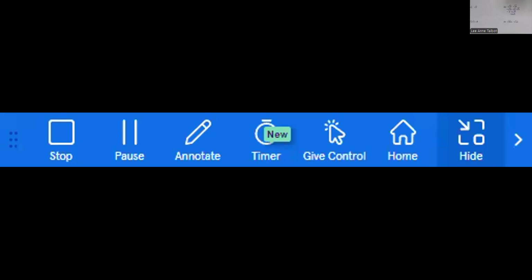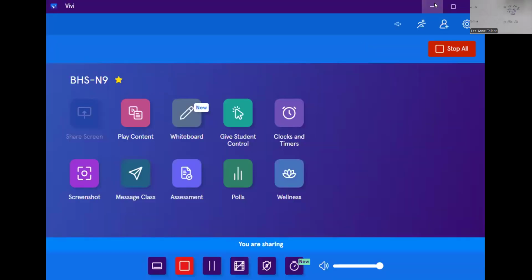Either yellow or pink will work here. Let me get the music.